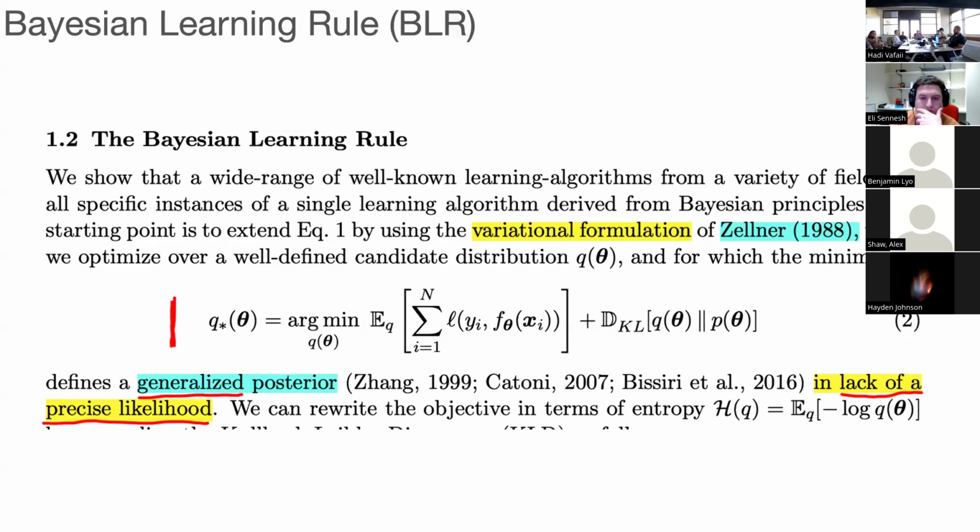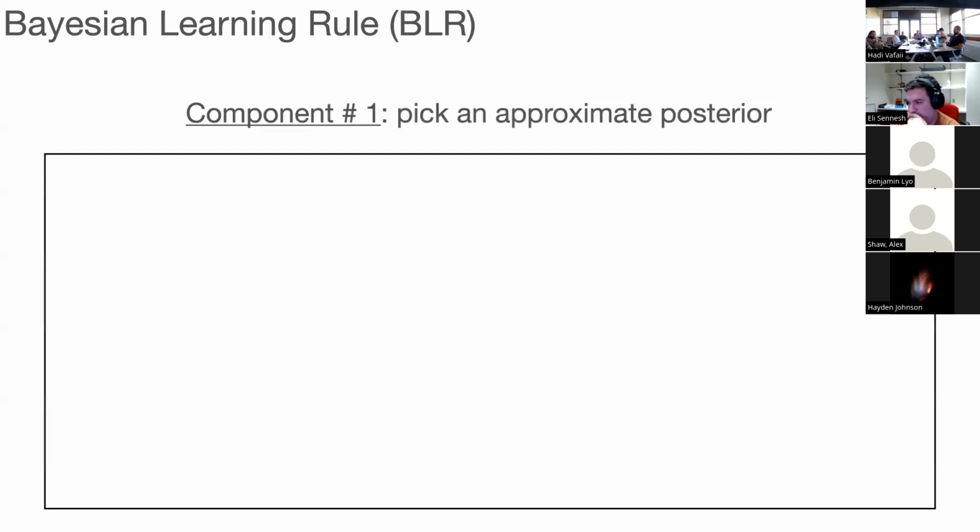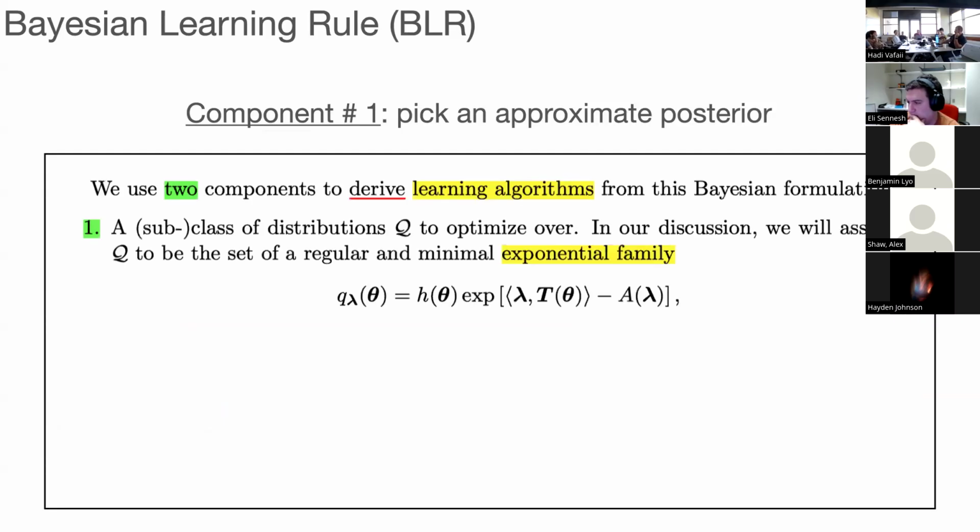Okay, so the starting part of BLR is generalized variational inference. What comes next, component one, of course, is to pick an approximate posterior. And in the paper, they have a general exponential family form for the approximate posterior.